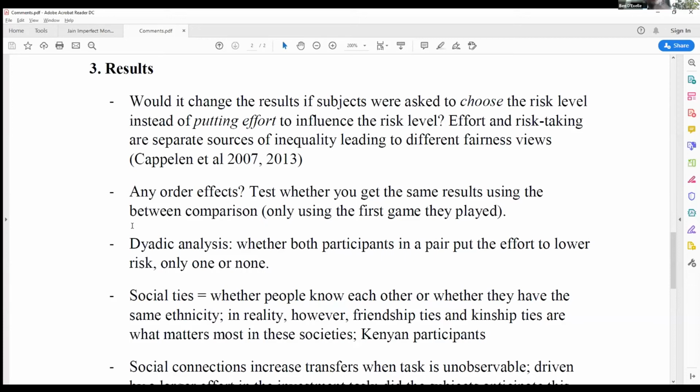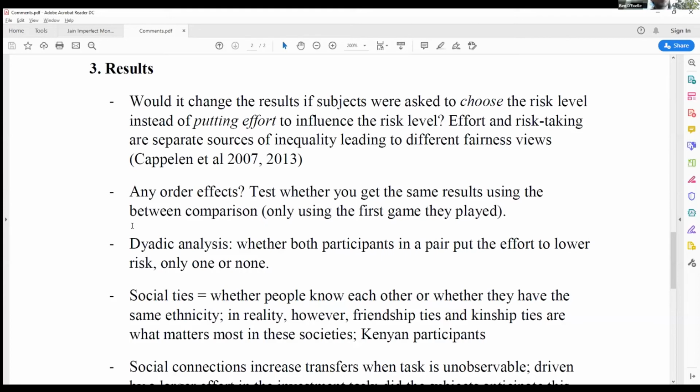After agreeing how much they would transfer, in the next stage of the experiment they do the task, and they can choose to put a lot of effort or just watch the video. So there are actually three combinations, three outcomes, if you look at it from a dyadic perspective. That could be a nice addition to the analysis, I think.